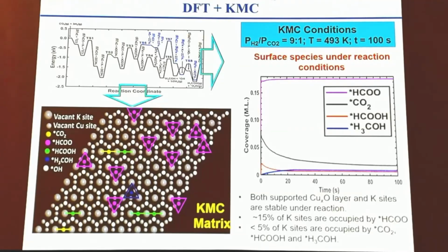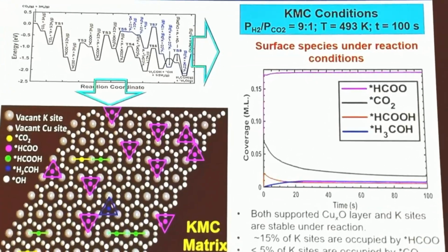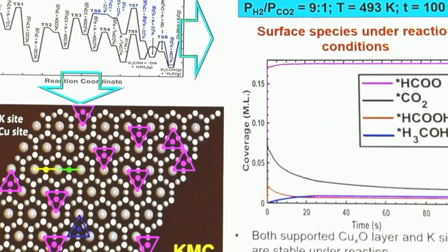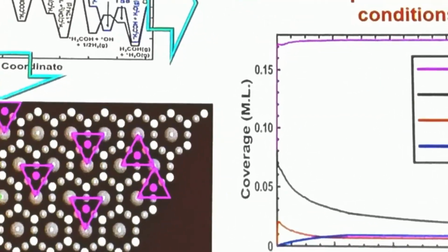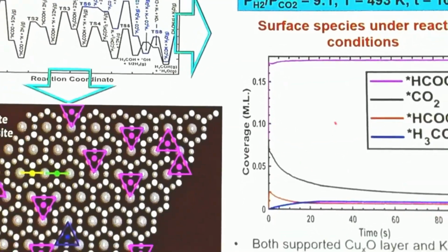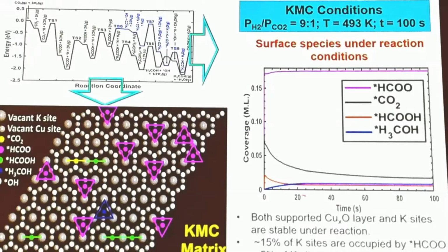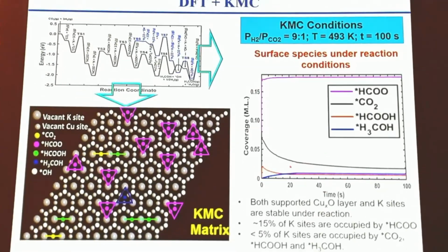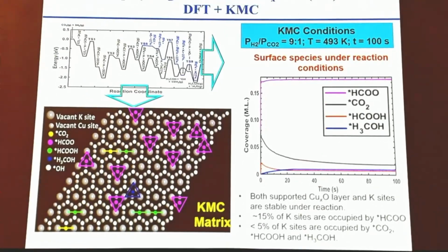Because if you only look at the molecular structure, under these conditions the copper oxide will be easily reduced to copper under reaction conditions. Another thing we find is that the active potassium mostly remains active during reactions, and not much is covered by reaction intermediates or stabilized or blocks these sites under reaction conditions.